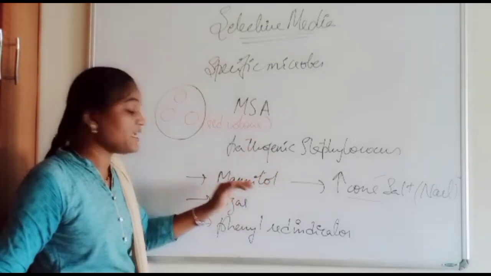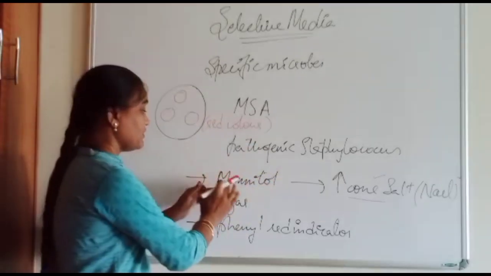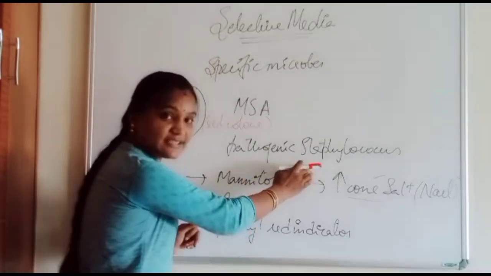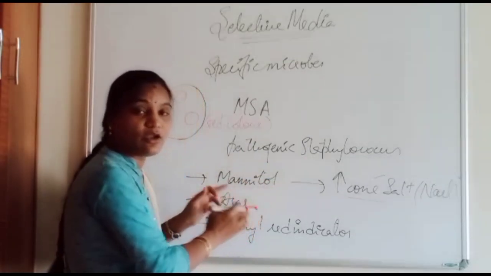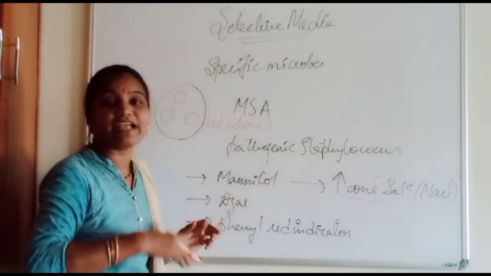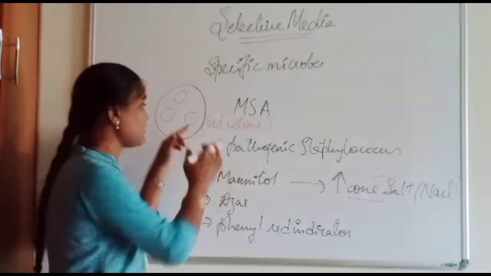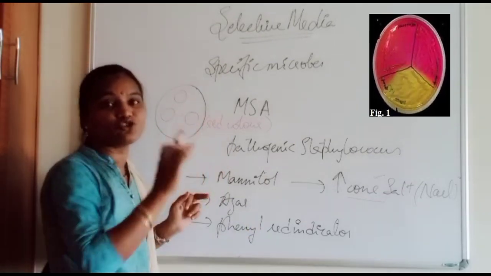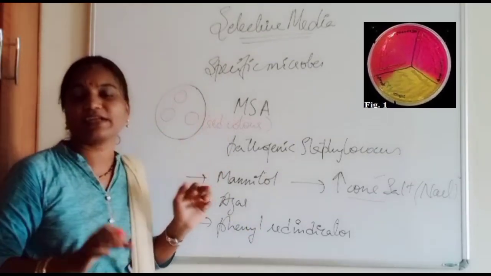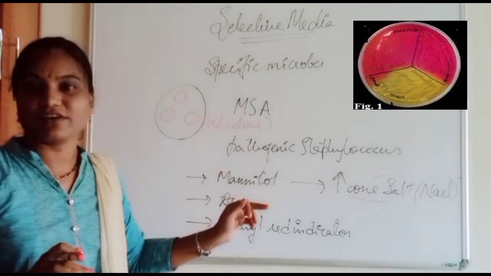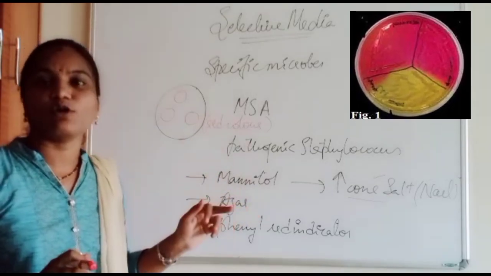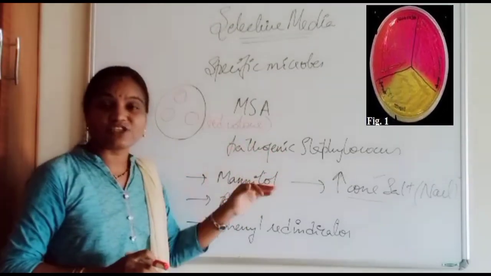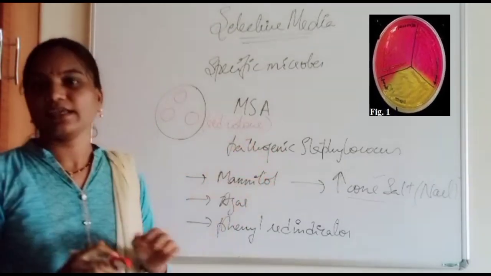The main principle is that due to the presence of mannitol with Staphylococcus, the mannitol is easily metabolized and fermented, which changes the Staphylococcus presence in this media into yellow zones. So that is selective media, its working, and the composition of selective media based on selection of specific pathogenic Staphylococcus.